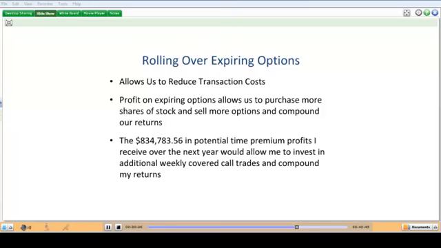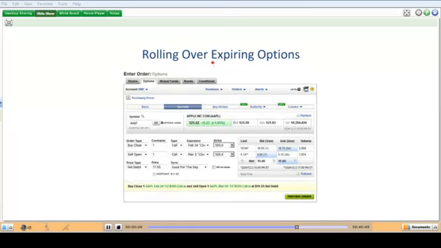I was selling weekly covered calls against my stock, and in this example I put an order in. I owned the February 24th 505 weekly call, so I was short that, so I bought to close that with the spread order, and then I sold to open the following week, which was the March 2nd weekly call.